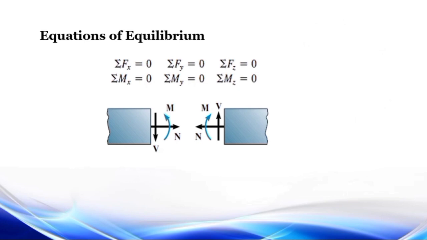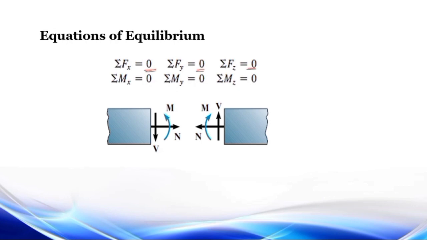So pag-uusapan naman natin yung equations of equilibrium. Ito yung topic na to is unang in-introduce natin dun sa statics of rigid bodies. So para ma-attain natin yung conditions of equilibrium, we must satisfy that the summation of the forces horizontal must be equal to 0. The summation of the forces vertical must be equal to 0.